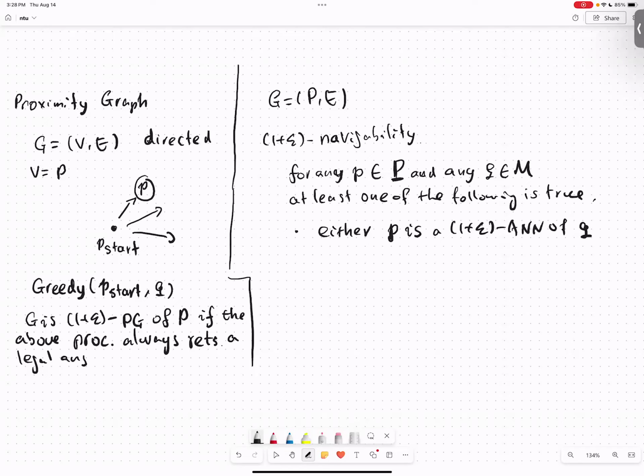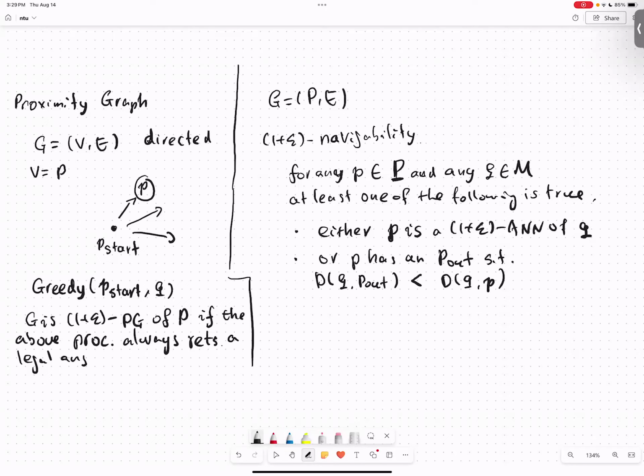Intuitively, this means, good, you have already found P. Or if P is not a legal answer, P has an out neighbor, P out, that gives you a strict improvement, such that the distance between Q and P out is strictly less than the distance between Q and P. This is what it means by 1 plus epsilon navigability.